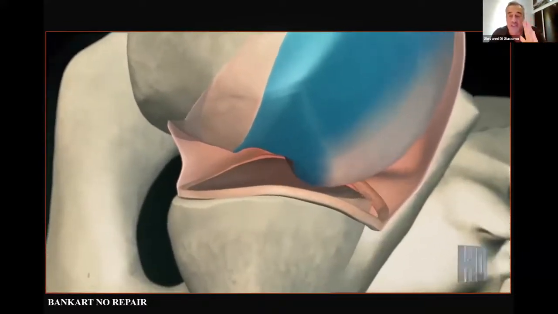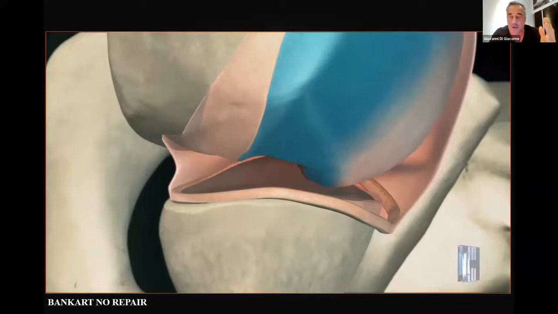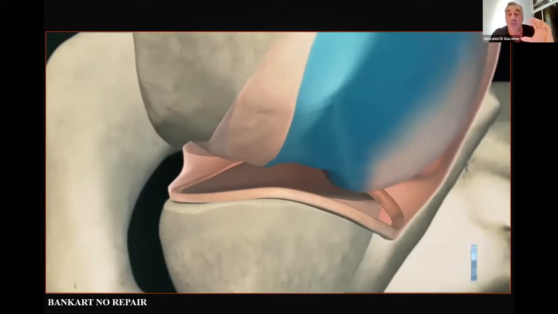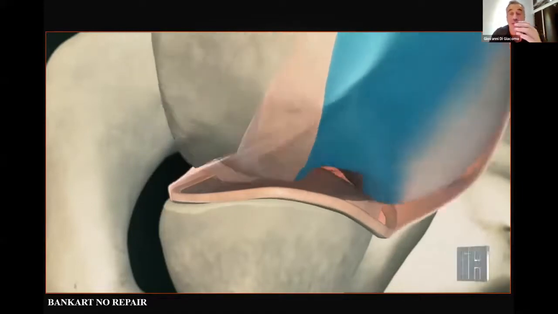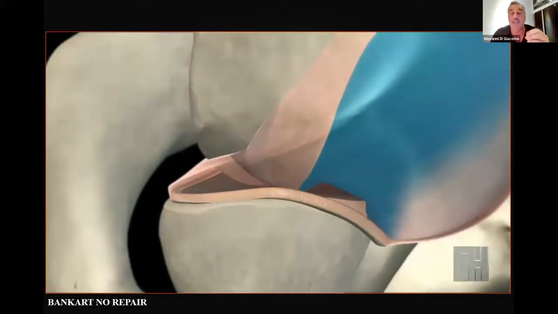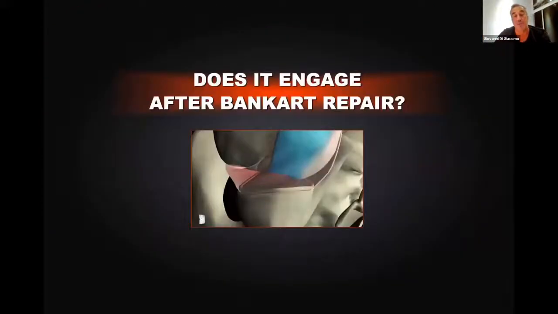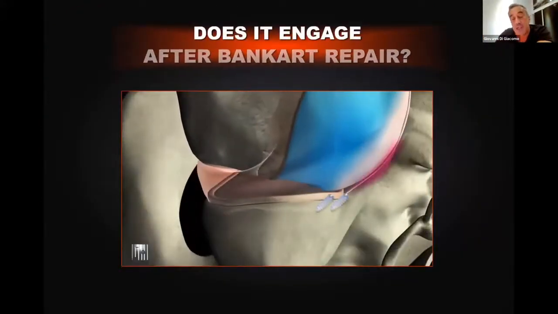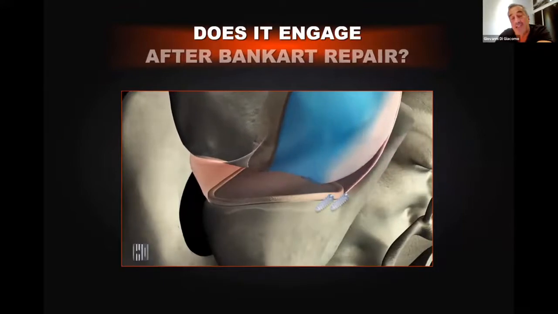So you have to fix the Bankart through the scope, and then you have to give a look to the Hill-Sachs to see if it is going to engage or not with the glenoid. Which is the problem? The problem is that if you perform a Bankart repair, you don't have the courage, which is normal, to test the shoulder after the Bankart repair. So we tried to develop something different to see if the Hill-Sachs is going to engage after the Bankart repair.